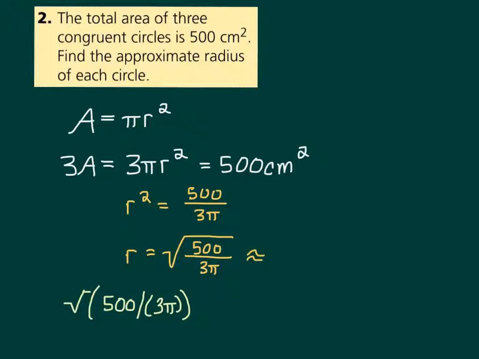Nearest thousandth: 7.284. And what are my units on that? Centimeters. 7.284 centimeters, with this symbol here meaning approximately, because that is a rounded number, it's an approximation.